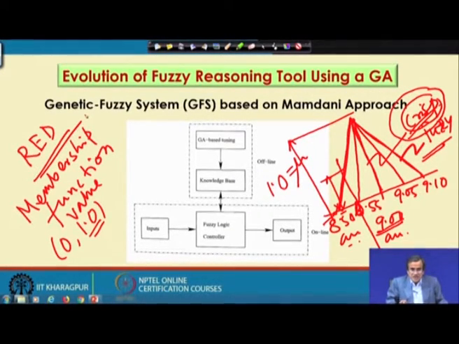I am not going to discuss all such things in detail here. In this course I am going to concentrate only on how to model this input output relationship using the principle of fuzzy sets, and I am going to explain the principle of fuzzy reasoning tool and how to evolve that fuzzy reasoning tool using the principle of a genetic algorithm.